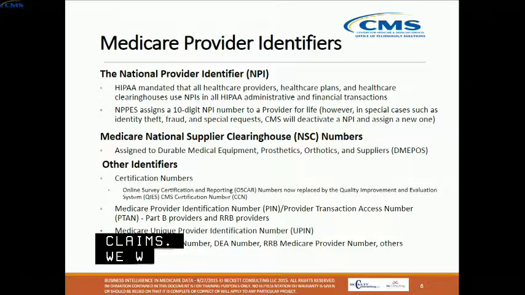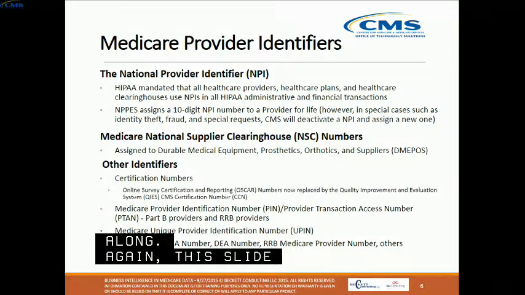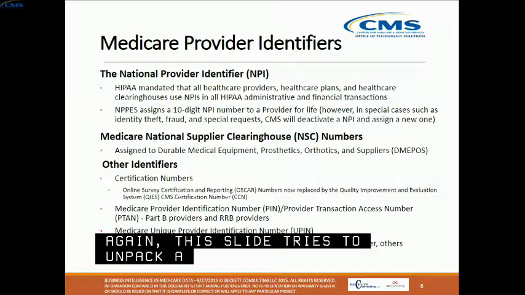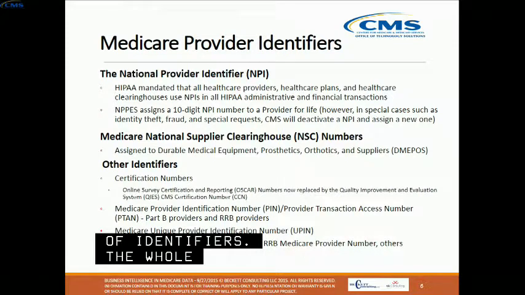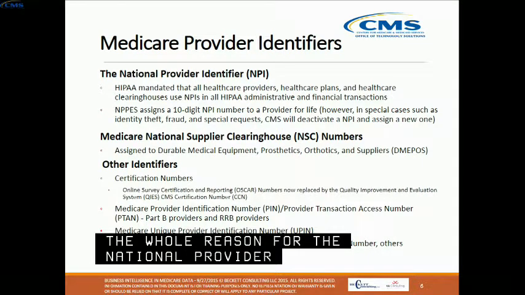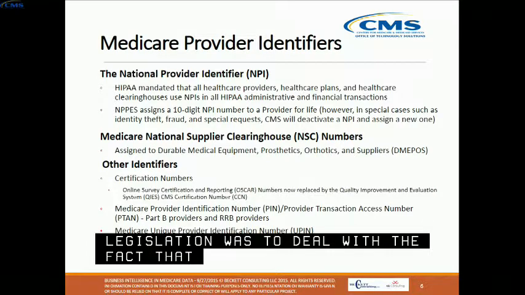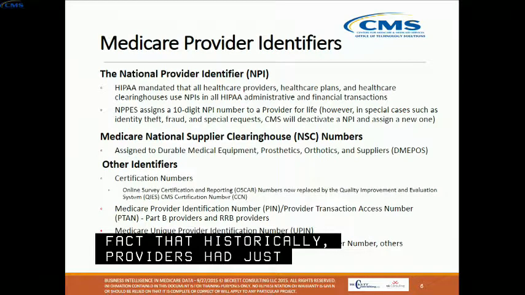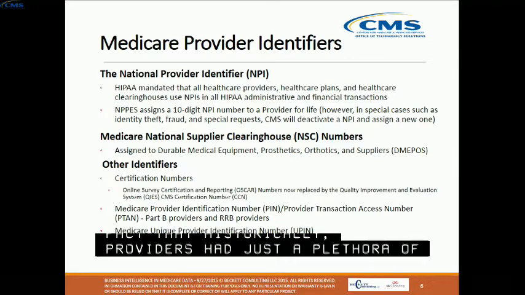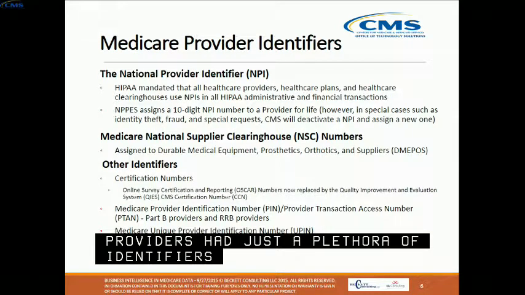Again, this slide tries to unpack a bit about the diversity of identifiers. The whole reason for the National Provider Identifier and the HIPAA legislation was to deal with the fact that historically, providers had just a plethora of identifiers, depending on which programs they were involved in, what organizations they were associated with, the kinds of services they provided.